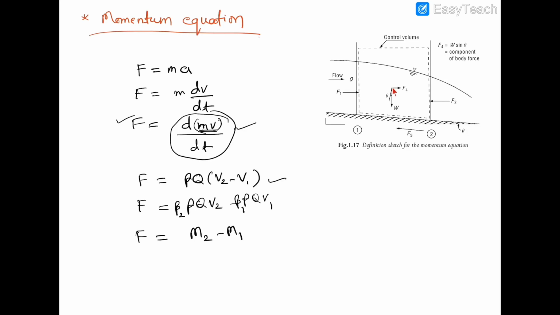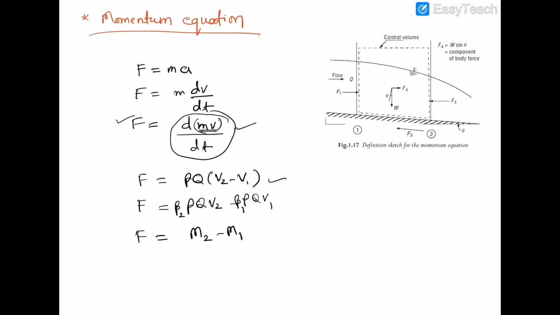The first force is the weight of the fluid, which acts vertically downward, the pressure force at this section, the pressure force at this section, and the frictional force opposite to the direction of flow. Now we are resolving the forces in the direction of flow. So the component of weight in the direction of flow we are representing by F4.